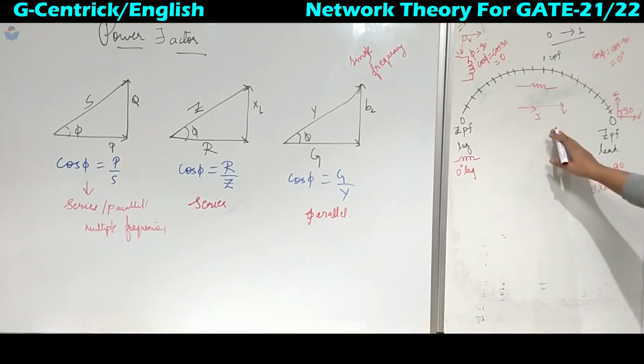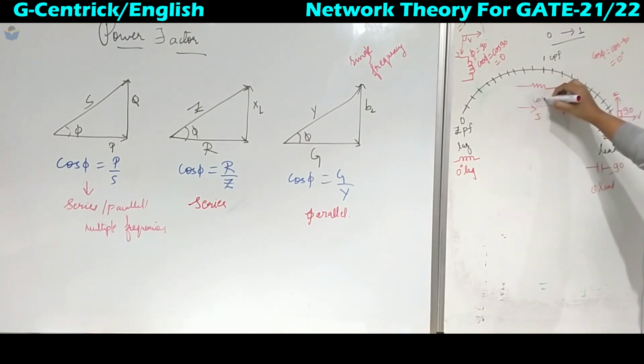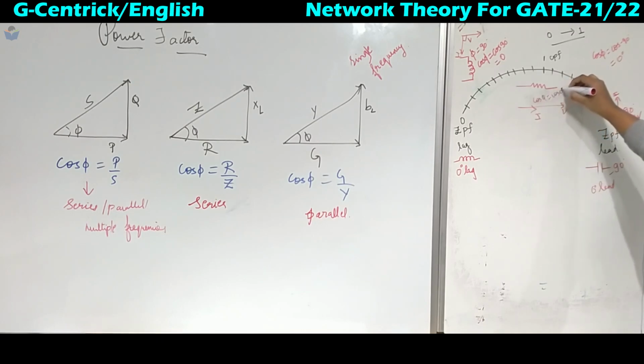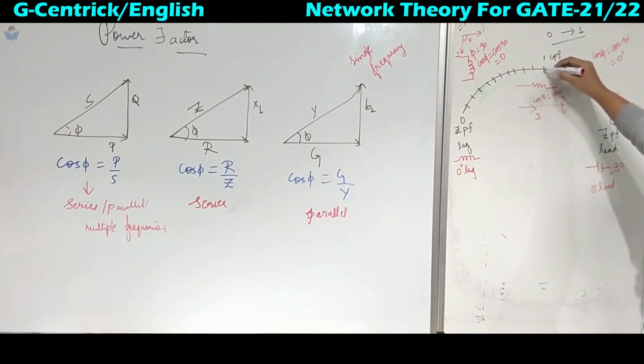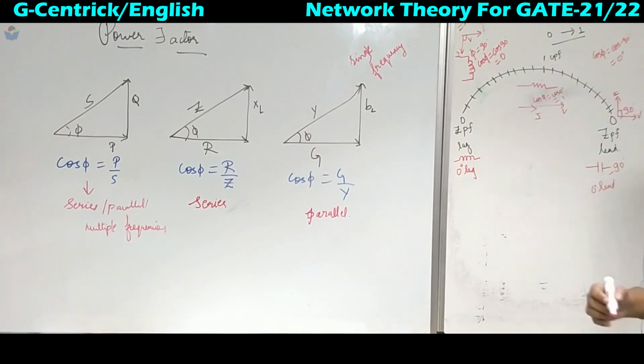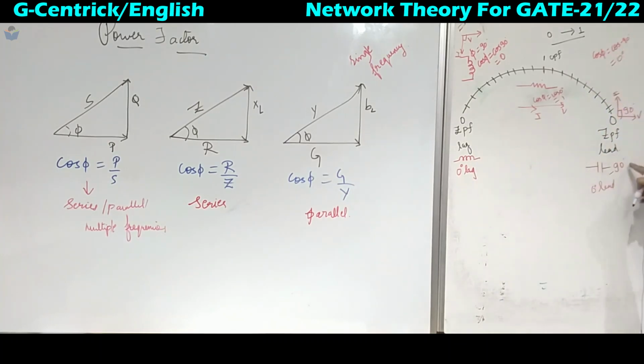That is why cos phi is cos 0, because they do not have any phase angle between them, and cos 0 is 1. So pure inductive is for 0 power factor lag, and pure capacitive is for 0 power factor lead.